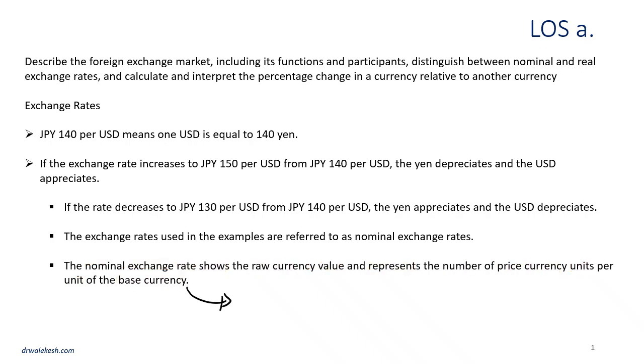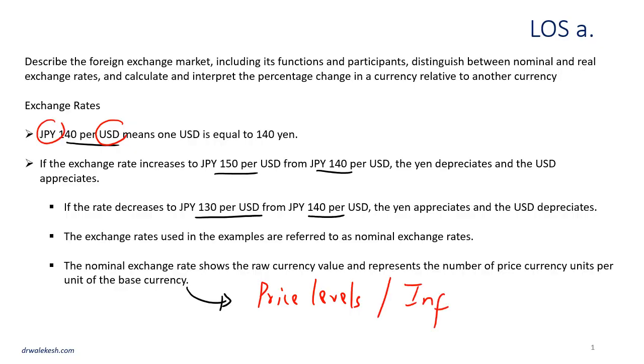Here, that is when dealing with this exchange rate, we do not adjust for price levels in both countries, or we could just simply say that we do not adjust for inflation.